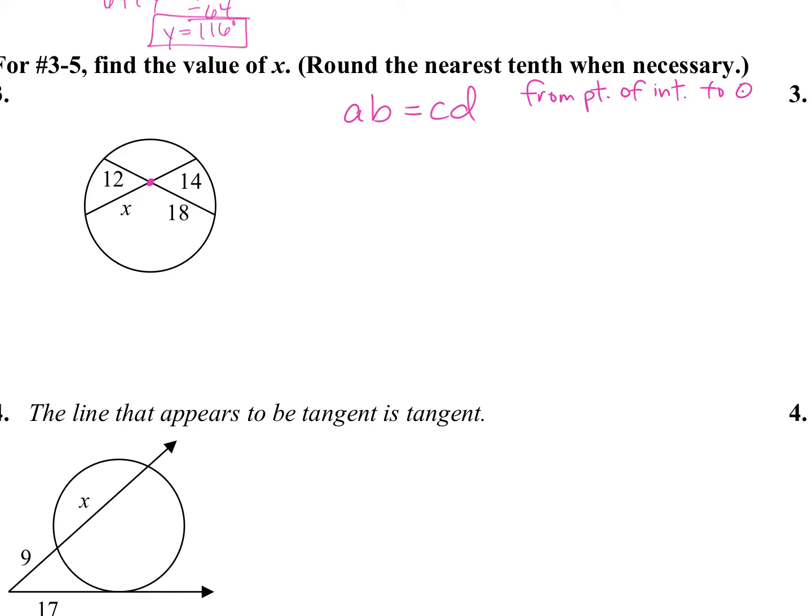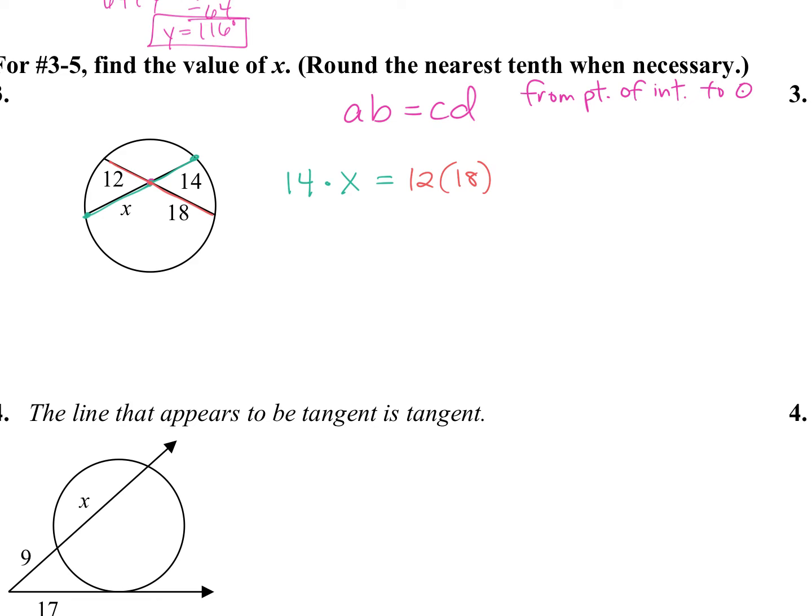So what is my A times B equals C times D gonna look like here? 14 times x, equals 12 times 18. From the point to the circle is 14. From the point to the other side of the circle is x, so 14 times x equals, and then from the point to the circle is 12. From the point to the other side of the circle is 18.